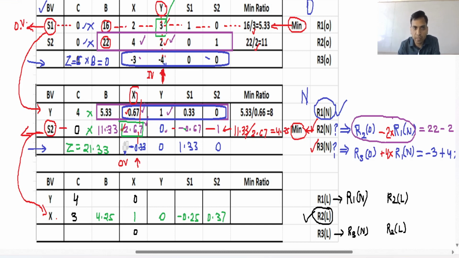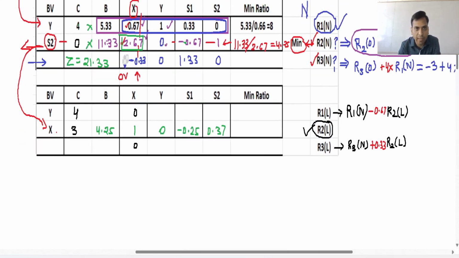So first we need to make the relationship for this R1, and for this existing value its old is this 0.67. This is a positive value, so we will write minus 0.67, and for this one its old is minus 0.33, so we will write plus 0.33, and we will put values.